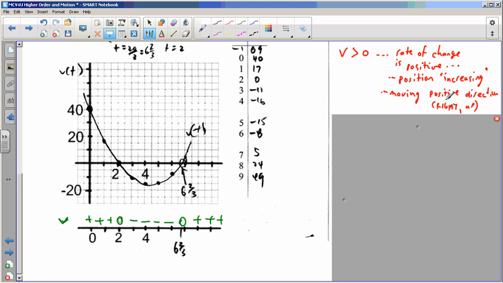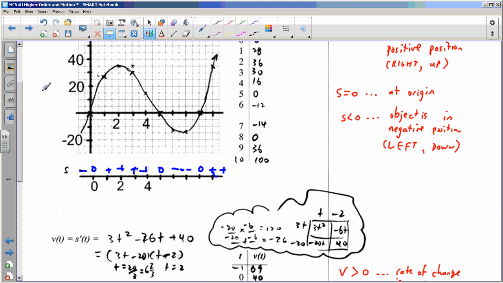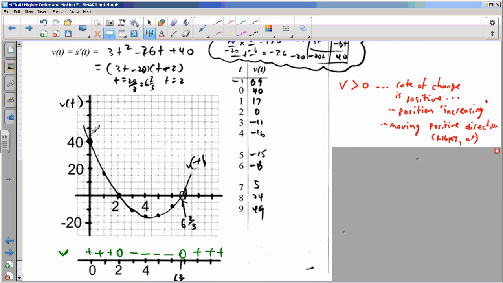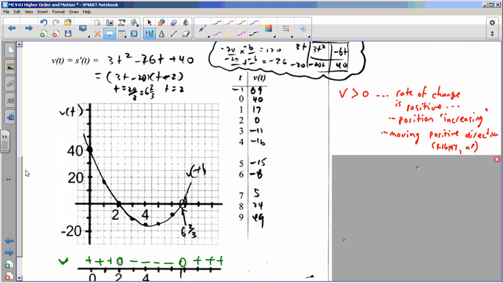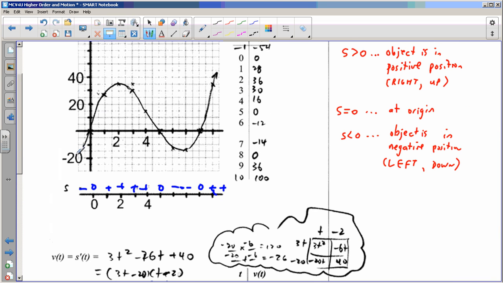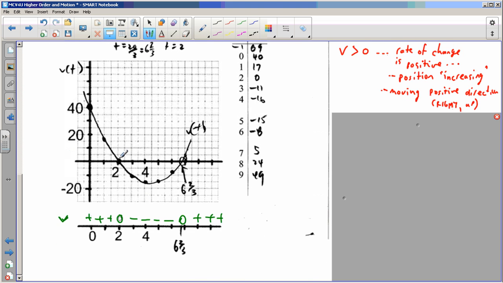So that means it's probably moving to the right. We can see that, right? From 0 to about 2 seconds, the position was increasing. You can see that. It's going up. First derivative is positive.